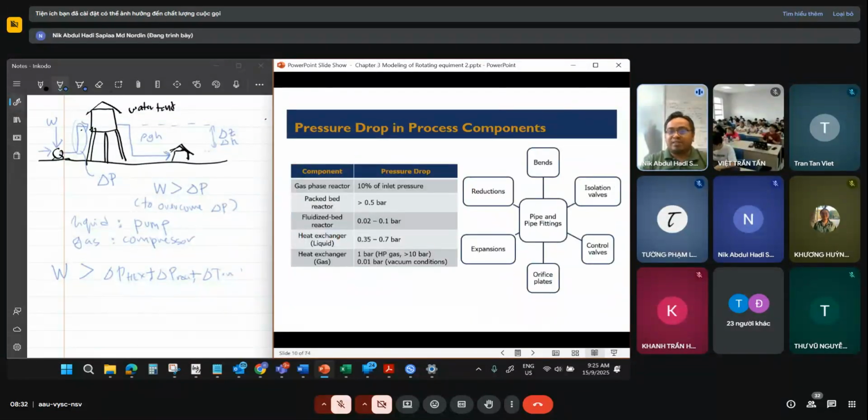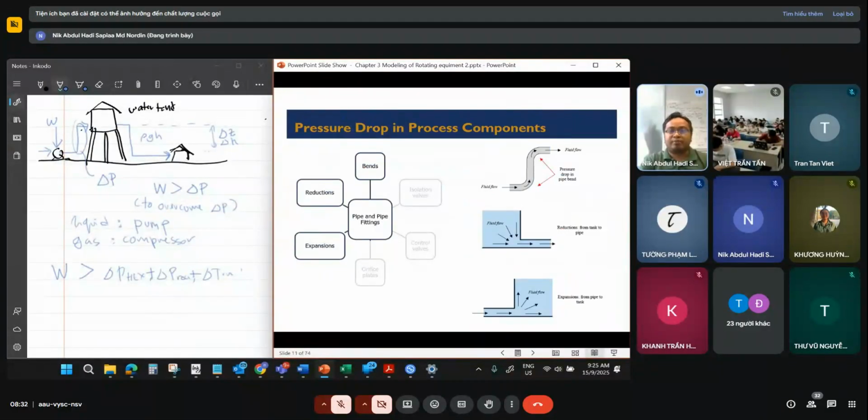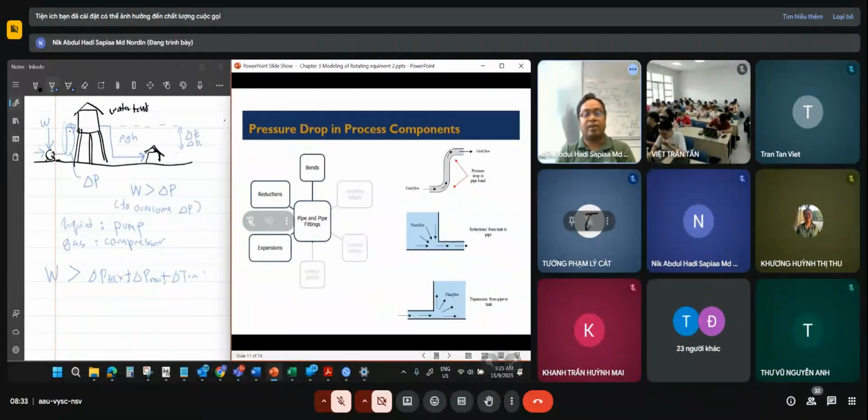So another part is in terms of pipe and fittings. Let's go into them one by one. When we have a pipe, there will be bends within the pipeline. All of these bends will induce pressure drop, so we are going to take that into consideration also. We also have flow reduction.